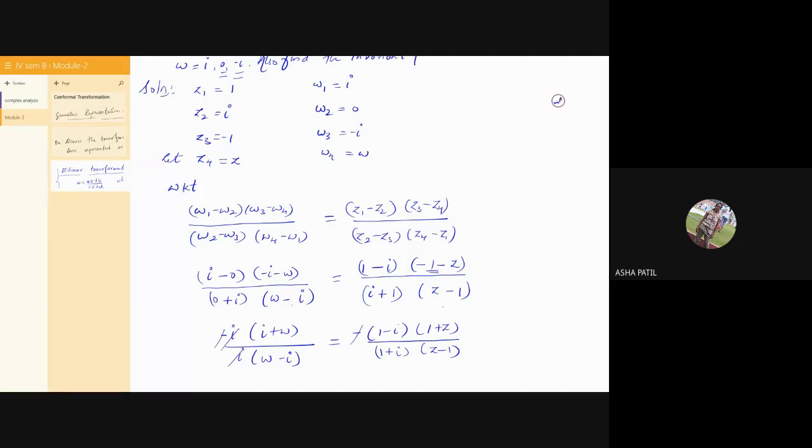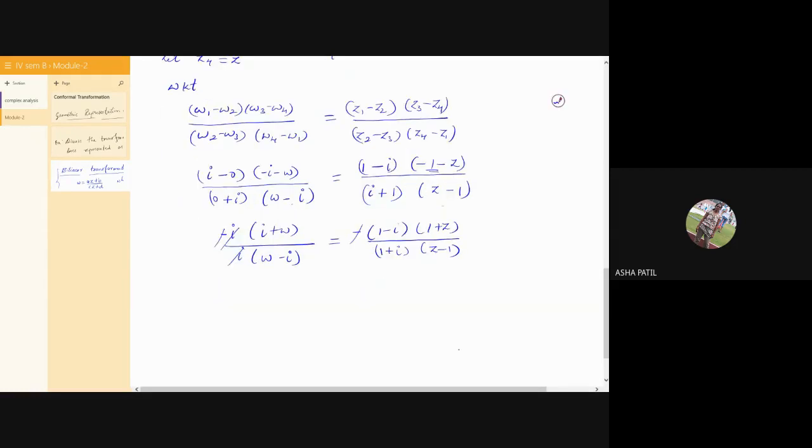Now we need to simplify it and get it in the form of, as I have written, W equal to (AZ plus B) divided by (CZ plus D), it has to be in this form only, where A, B, C, D are constants. So for that, you have 1 plus I, 1 minus I and 1 plus I. Let us try to eliminate, multiply and divide by its conjugate so that it simplifies.